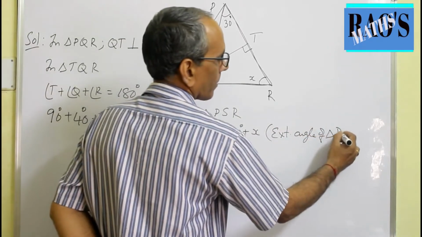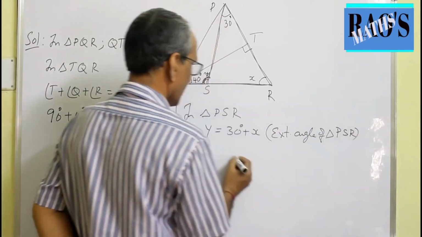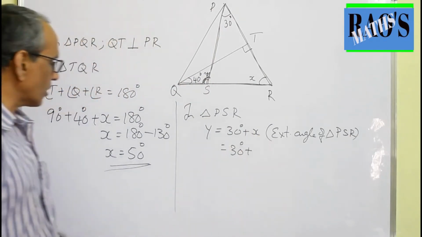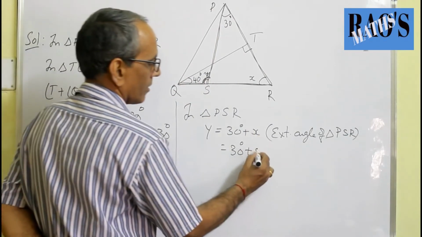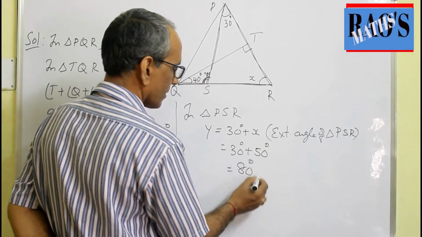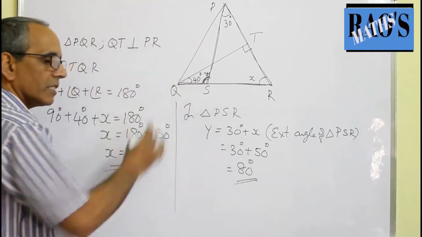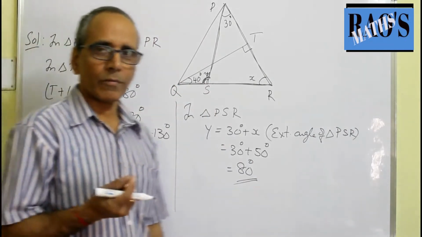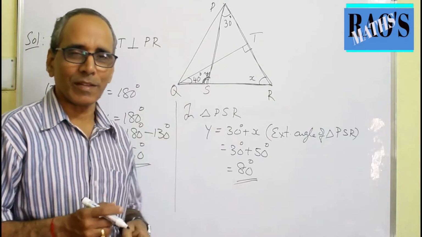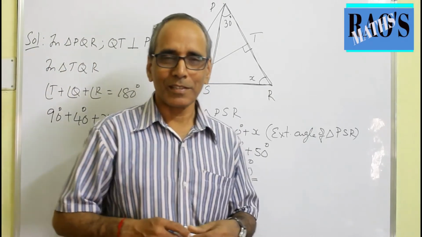PSR. So 30 degrees plus X, we solved just now 50, that is 80 degrees. So, in one triangle, we use the sum of the three angles concept and also the exterior angle concept. Very simple.